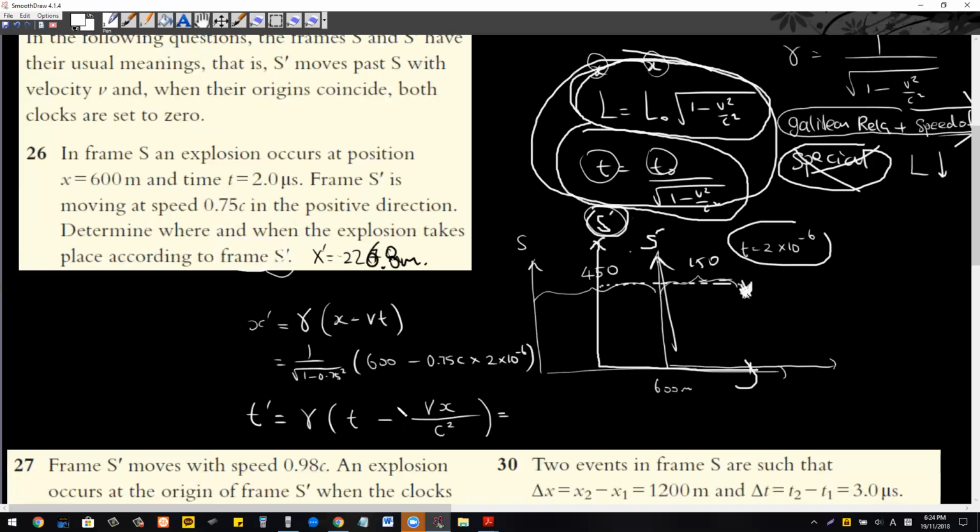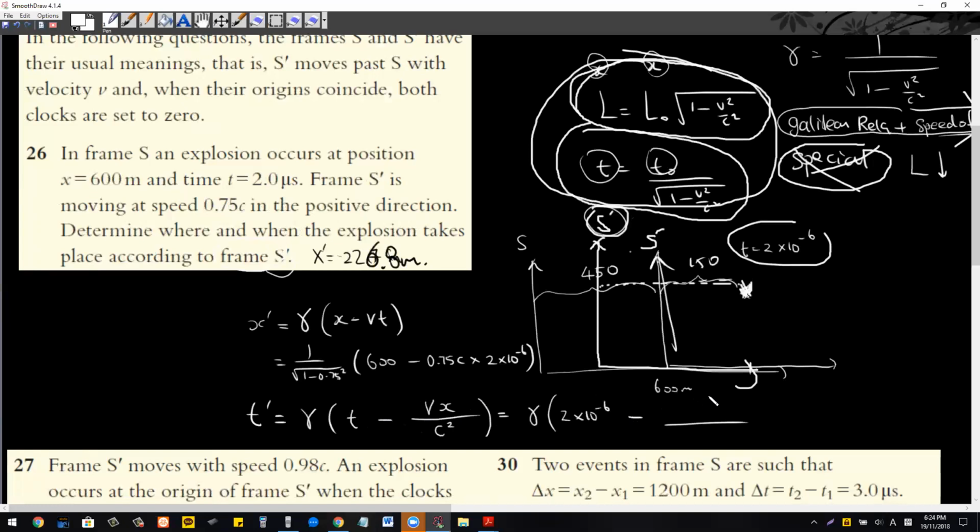This one is quite difficult to derive. So what number goes in here? It's gamma, times 2 times 10 to the power of minus 6, minus. And what number goes here?